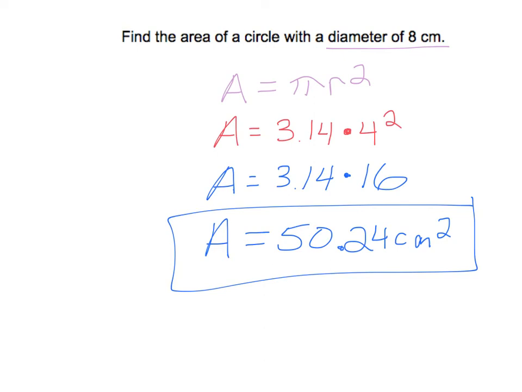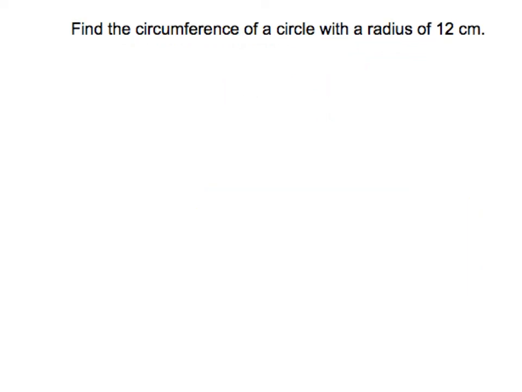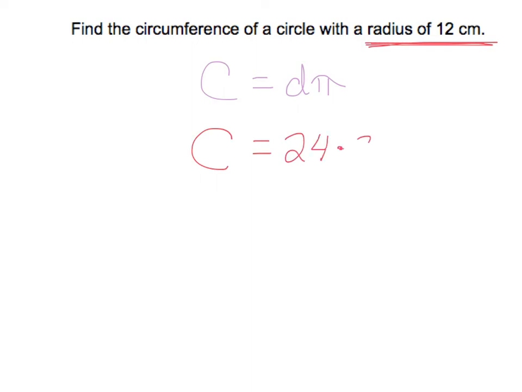Let's look at circumference. So for this one, it says circumference of a circle. Circumference equals diameter times pi. So that would be C equals. Now the diameter I was not given. I was given the radius. But I know the radius is half the diameter. Therefore, my diameter, I will use 24.